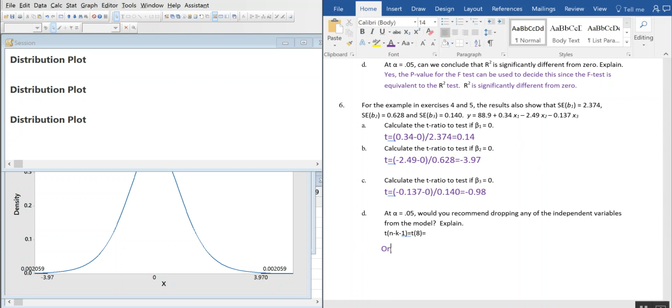So we would say that only X2, T number 2, that works, okay, has a slope coefficient that is significantly different from 0. So the other variables can be dropped.